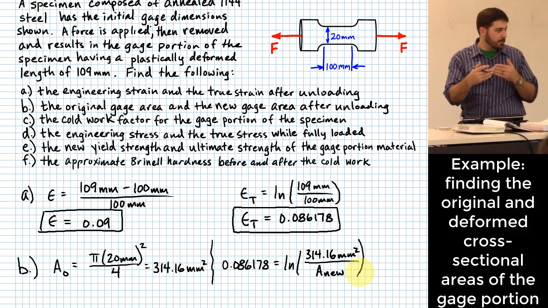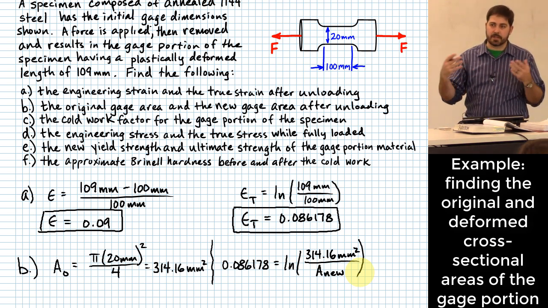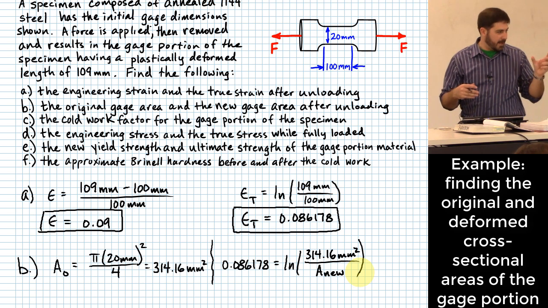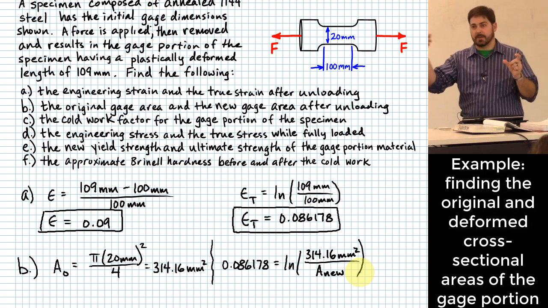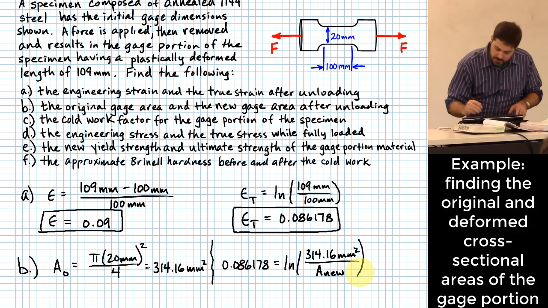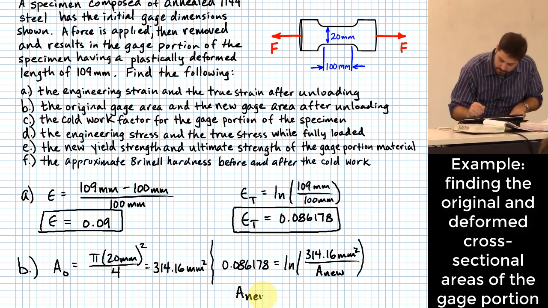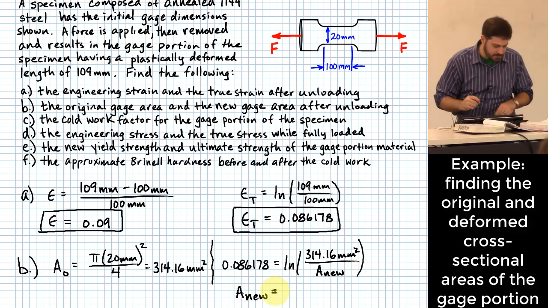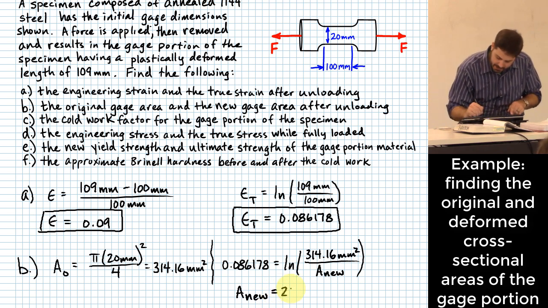The numerical solution inside of the calculator can get messed up by a bad initial guess value for A new. Anyway, after you solve this, A new turns out to be 288.22 millimeters squared.